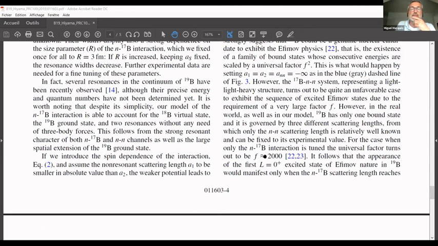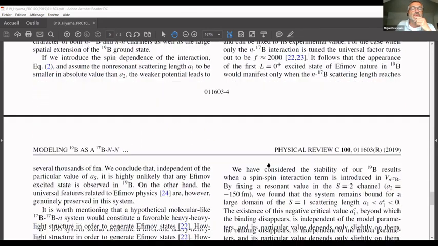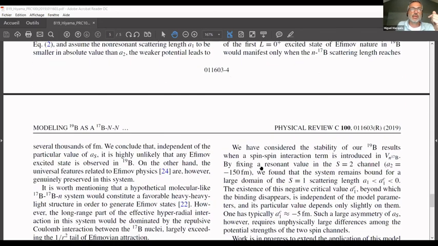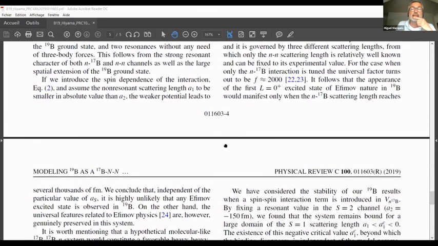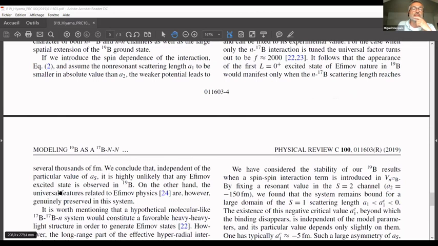The conclusion was that in order to see a first excited state, an Efimov series of two, the scattering length of boron 18 would need to be of several thousands of Fermis. Even several hundreds would not be enough. This is something you cannot tune because it is what it is.